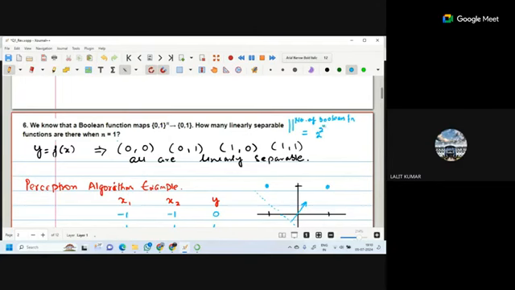Here n is equal to 1, so the number of Boolean functions will be 4. If we take y is equal to f(x), with x as 0, 1, then y can take 0, 0, or 0, 1, and so on. If you plot this on a graph, you can make out that they all are linearly separable.